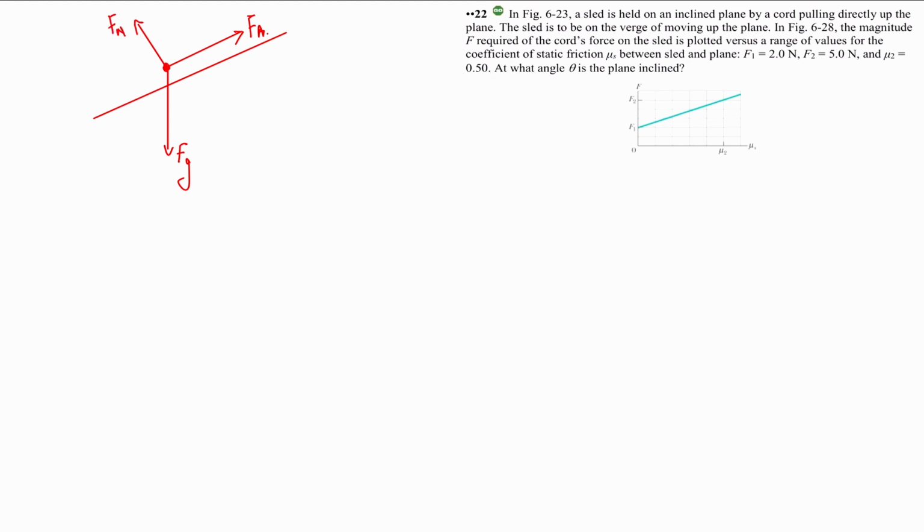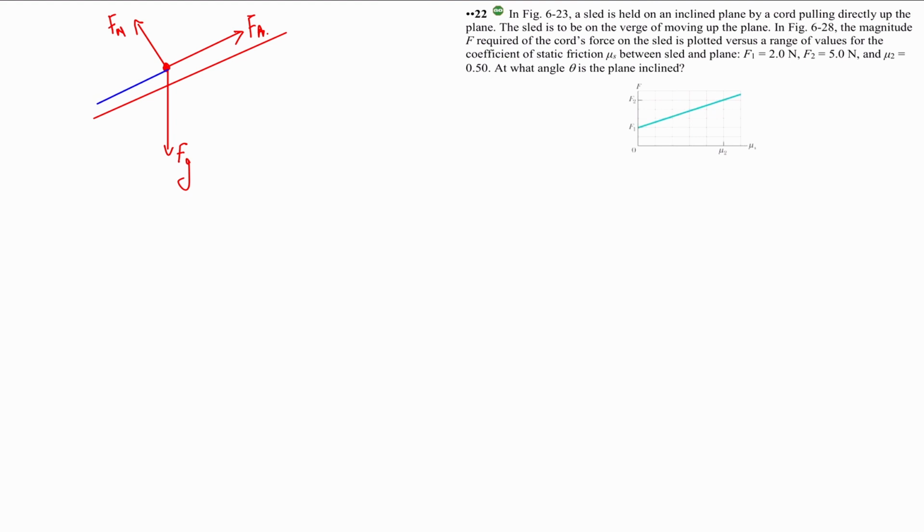But remember, the sled is supposed to be held in position so that it's on the verge of moving up. So if the sled is on the verge of moving up, and we have friction on the surface, I think it should be clear that friction is going to be pulling the sled down.